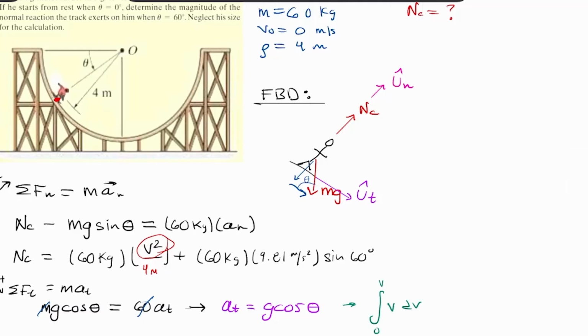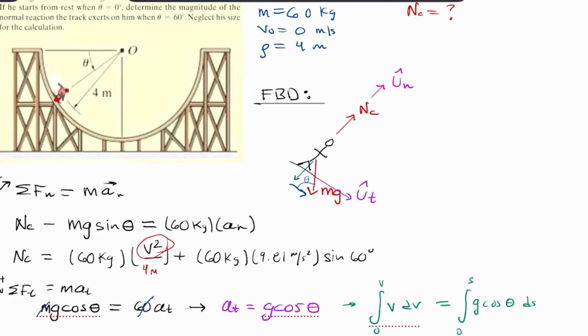This is from rest, remember. And this is equal to the integral of gravity times cosine of theta ds, from some s from 0 to another s.